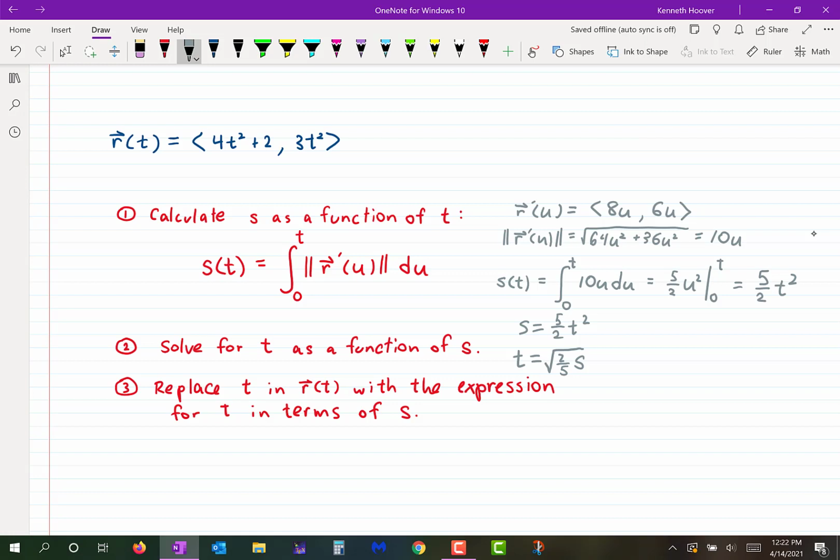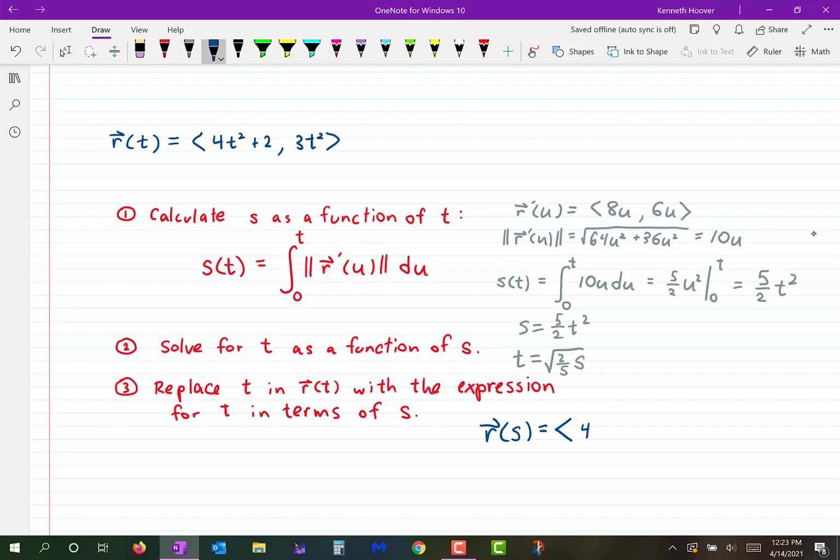So our arc length parameterization will be r of s equals, and I replace the t's with the square root of 2/5 s. So we'll have 4, whoops, I didn't mean to put a square root symbol, I meant to put vector symbols.